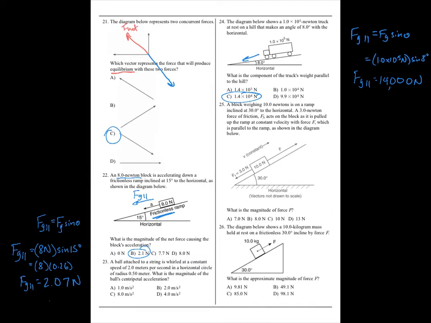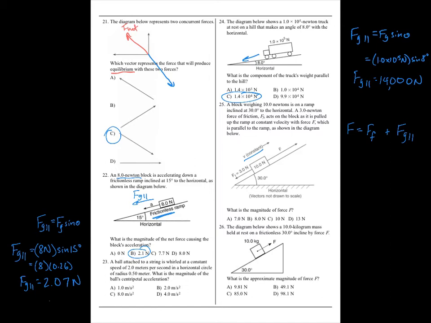Okay, number 25. A block weighing 10 newtons is on a ramp inclined at 30. Oh, hey, I gave this question out in class. That's fun. What is the magnitude of F? So this is constant velocity. That means F here is balanced out by the force of friction and Fg parallel.